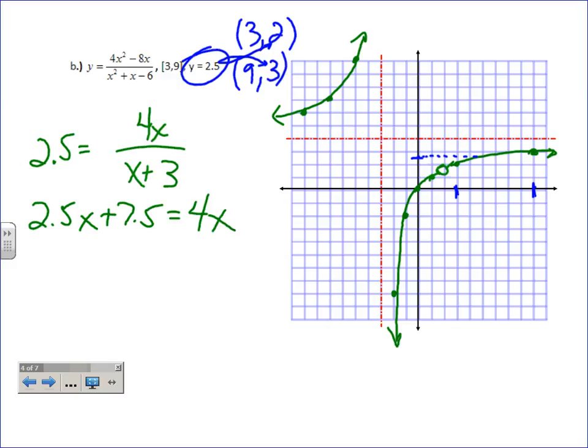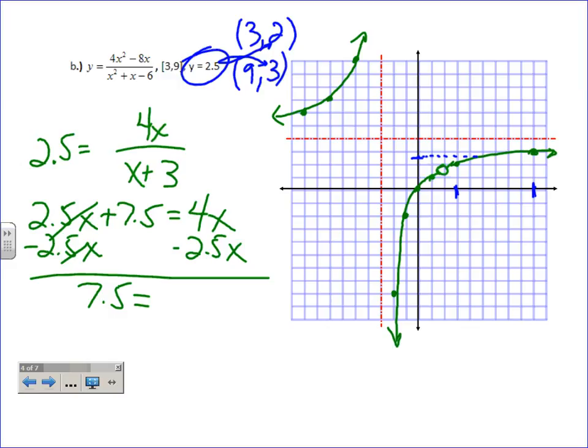And I'm pretty sure there was a 9 in there. 7.5 equals, well, this is a little bit harder, but you can do that. Okay, so most of us can do that.